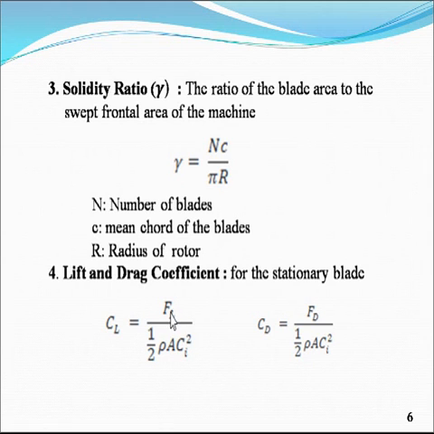That is the ratio of lift force to wind force, and this lift force is used to rotate the propeller and the Darrieus rotor. The second coefficient is the drag coefficient, which is defined as the ratio of drag force to the wind force, and this is the useful force in the multi-blade and the Savonius rotor.